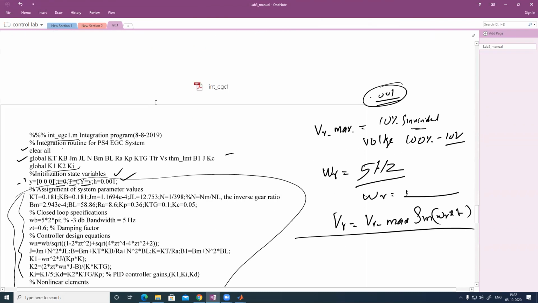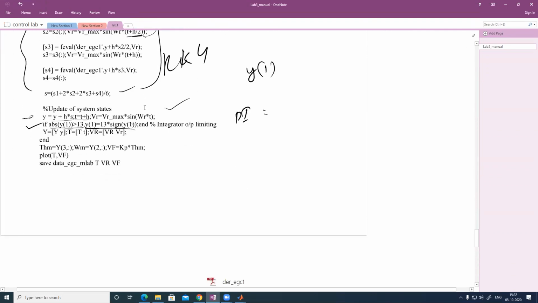So xi dot is coming from there, and xi you are limiting. That is Y of 1. You are choosing Y as 0, 0, 0 transpose. And theta m is equal to Y of 3. The third element is theta, and the second element is omega m, and Y of 1 is this one.